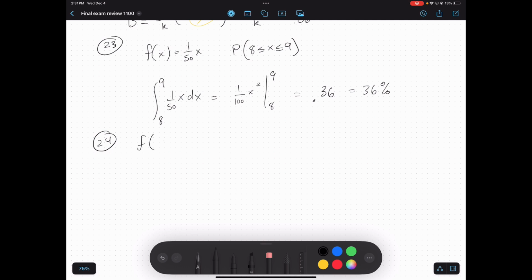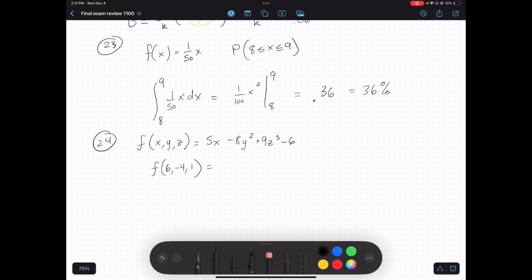24 gives me a multivariable function, f x y z is equal to 5x minus 8y squared plus 9z cubed minus 6. And then it asks me to find, what is f of 6, negative 4, 1?